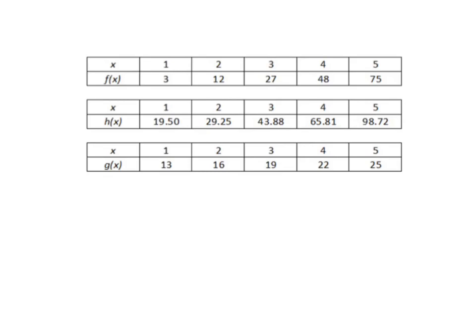So this last thing we're going to look at here, we have 3 tables, and we want to know, do the tables represent a linear function, an exponential function, or neither of these? Okay, so for a function to be linear, we say it has a constant rate of change.